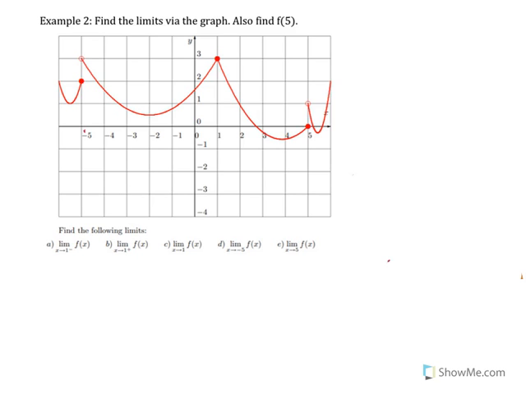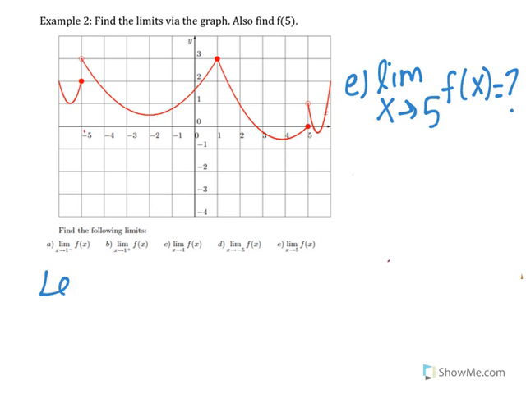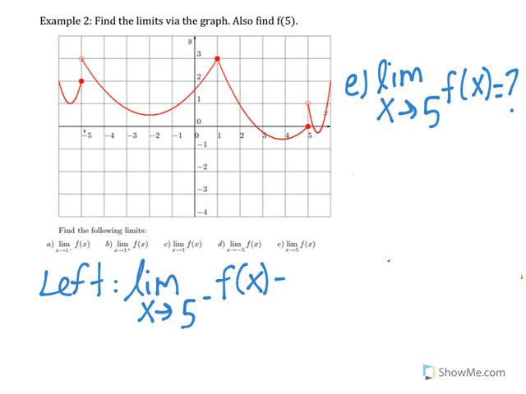So again, I'm going to find the left and right limit. So overall, I'm looking for the limit as x approaches 5 of f of x. So I want to know what is that. So I'm going to start with the left-hand limit. The limit as x approaches 5 from the left of f of x.